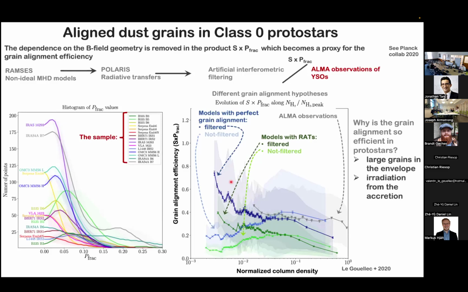And therefore, when you filter them with ALMA, you artificially change your polarization fraction, which is Q and U over I, and this is where you bias your level of polarization fraction, and this must be taken into account when comparing models to ALMA data. And then this plot illustrates this point here. When you see the effect at low column density, you can see the effect of filtering.